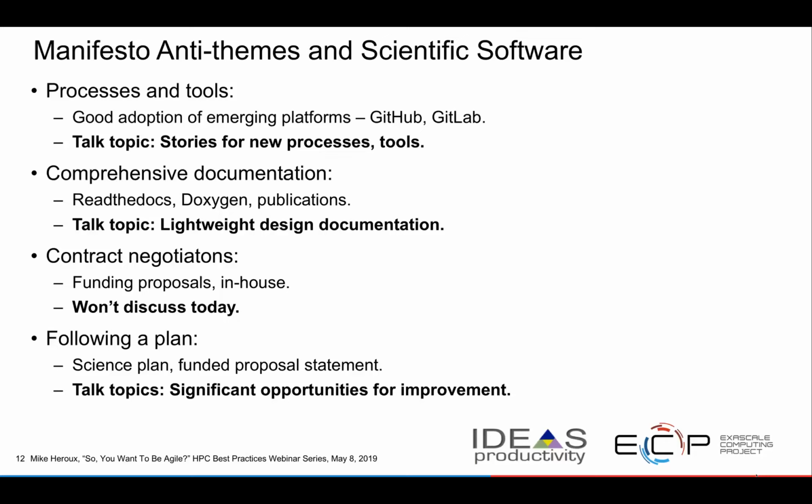To me, that says there's an opportunity to create further elaboration of a plan. What are the requirements? How might you design this thing? A lot of teams, if the survey results are accurate, are going straight from a funded proposal statement to writing and designing and working out the requirements in the software base. To me, that says we have an opportunity for improvement.